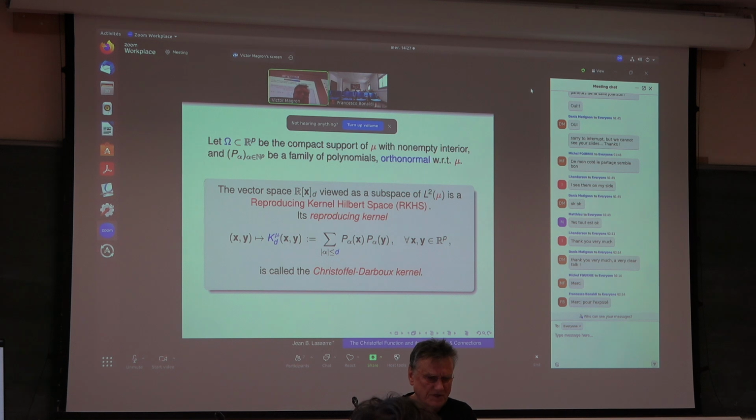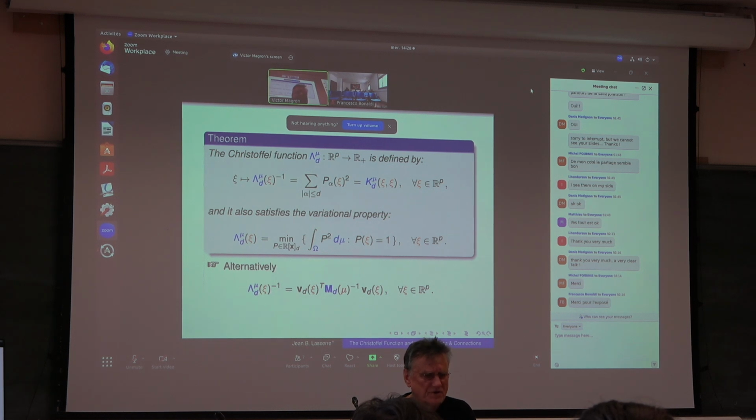I won't go into details on how to compute those P alphas; there is a way to compute those orthogonal polynomials. And you define the Christoffel-Darboux kernel very easily. The Christoffel-Darboux kernel associated with mu, of degree d, is just the sum over all polynomials orthogonal with respect to mu of degree less than d, where you multiply P alpha of x by P alpha of y, and you make the sum. So this is called the Christoffel-Darboux kernel.